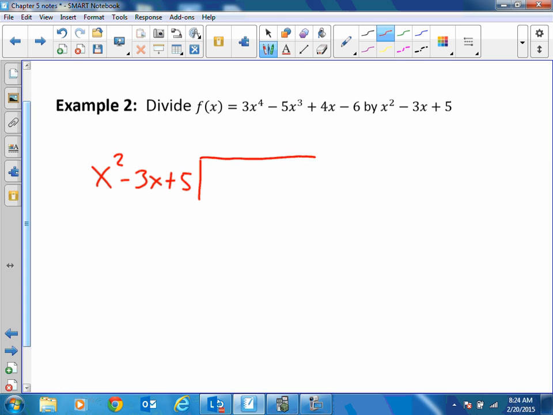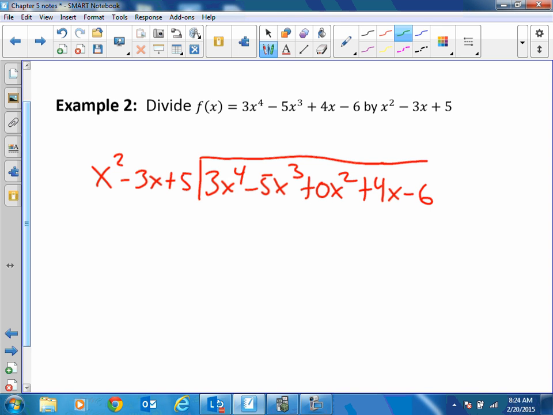We're going to divide it by 3x to the 4th minus 5x cubed. Remember they said you can't have any missing gaps, so there's a missing x squared term. We got to put in plus 0x squared right there, because there's no x squared term. Plus 4x minus 6. Okay?